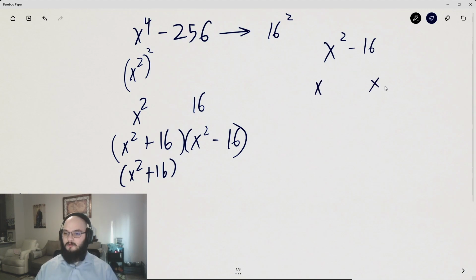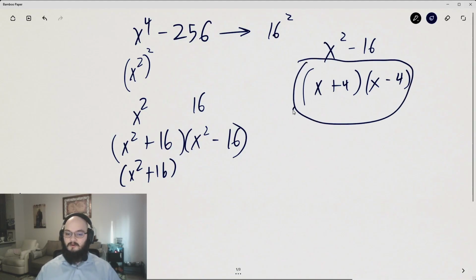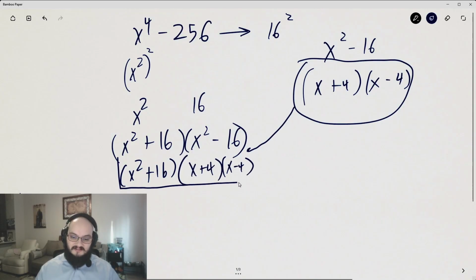We'll have the square root of x squared, the square root of 16. One of them's added, one of them's subtracted. And this gets put down here. So we'll have x plus 4, x minus 4, and this, with 3 different factors, is the final factorization of our original quadratic.